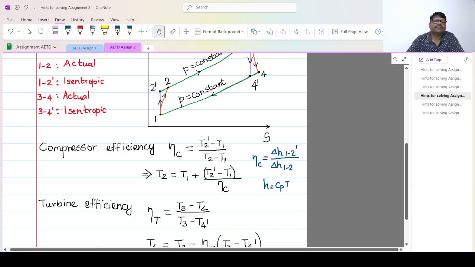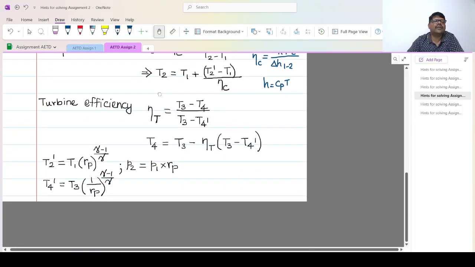Then I can rearrange this expression to get T2, which is equal to T1 plus (T2 dash minus T1) upon eta C. So we can use this expression to find T2, and here we are accounting for the efficiency of the compressor.